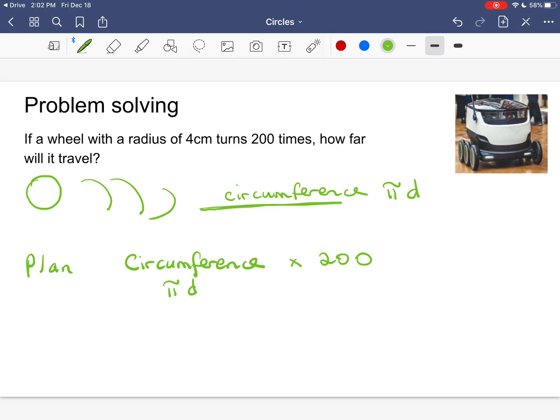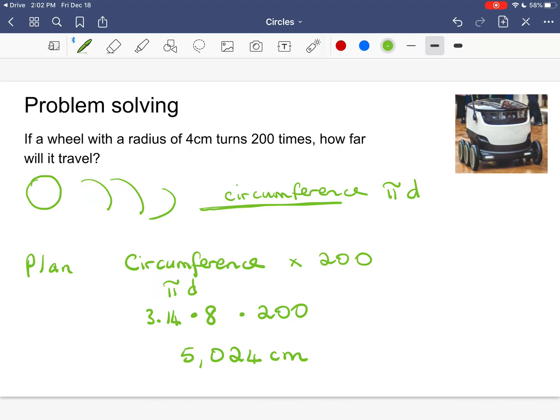Now my radius is 4, so my diameter is 8. So 3.14 times 8, and I'm going to multiply that by 200. And when I do that, I get 5,024 centimeters.